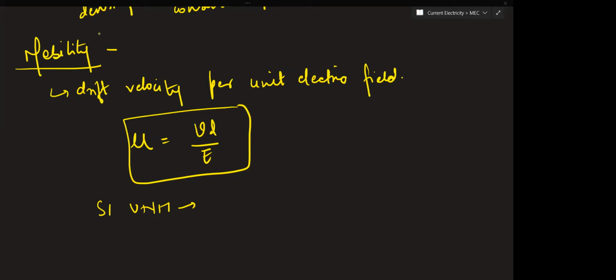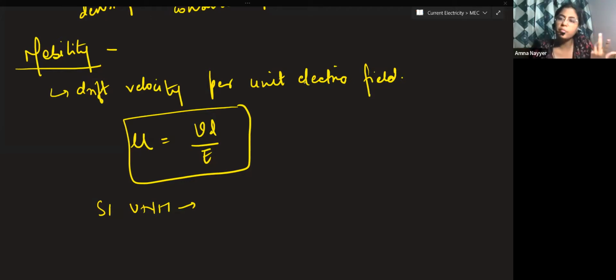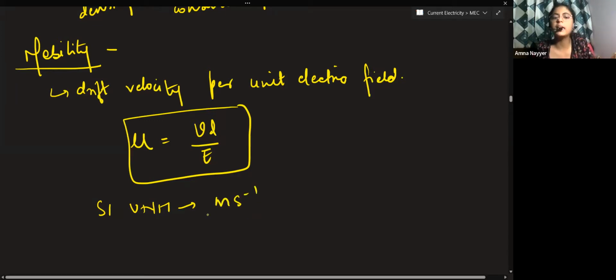Meter coulomb per second per Newton. Meter Newton per second coulomb. Okay, see, Vd, drift velocity, is what? This is basically a kind of velocity only, so you can write it in terms of meter per second. And electric field, let's write it in terms of volt.